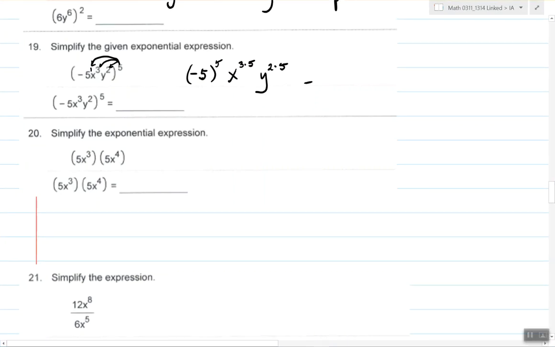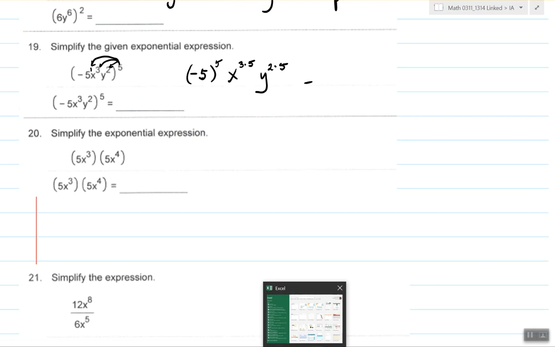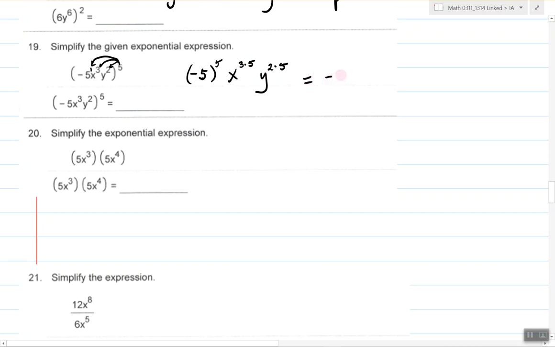And let me close that. All right, sorry. So this is equal to negative 3,125. That's negative 5 to the 5th power, x to the 15th, y to the 10th. That was the power rule.